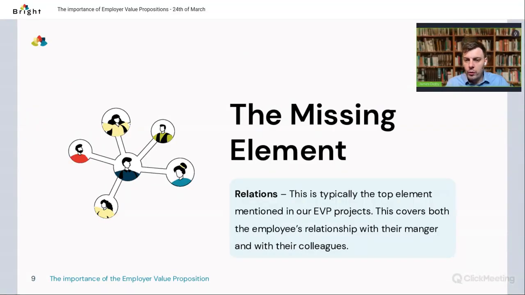The thing that we see that is missed out of the majority of other companies that provide EVP support is the fact that relationships are always in the top of the results. Typically, they are the top of the results, but they're always in the top three.